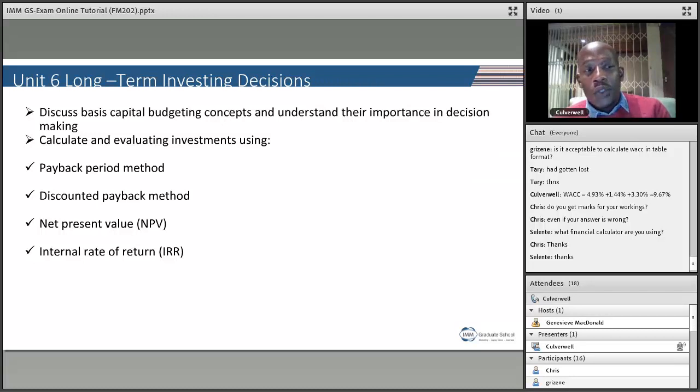So 2 of the main setbacks that the payback concept has: it completely ignores the concept of time value of money. That's one. And it also ignores any other cash flows that come after the payback period itself. So that's basically your payback period. You accept a project that will pay the initial outlay the earliest or the quickest.